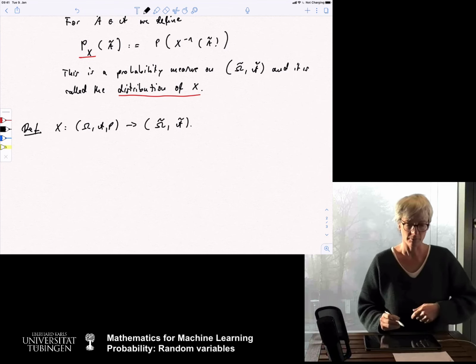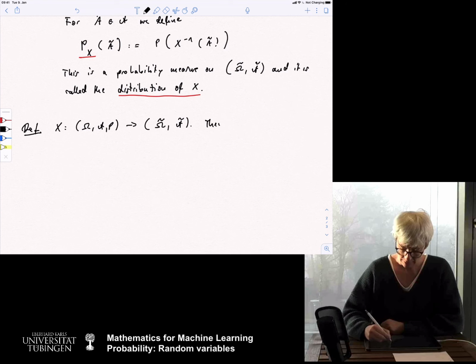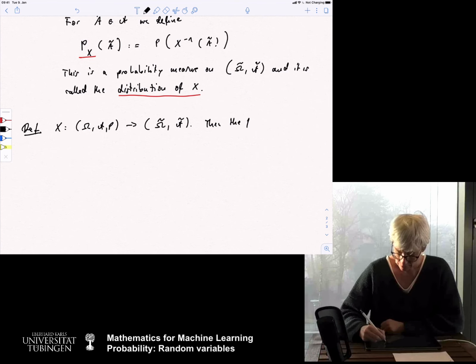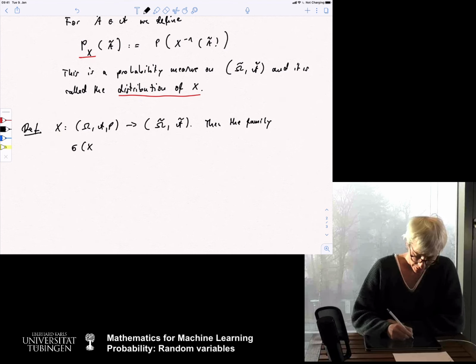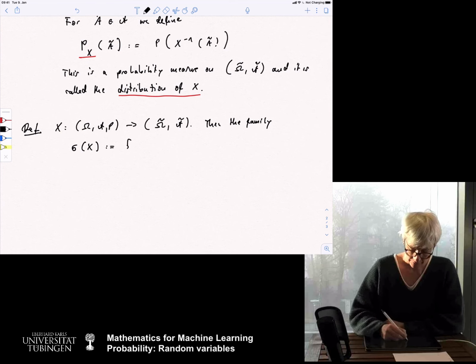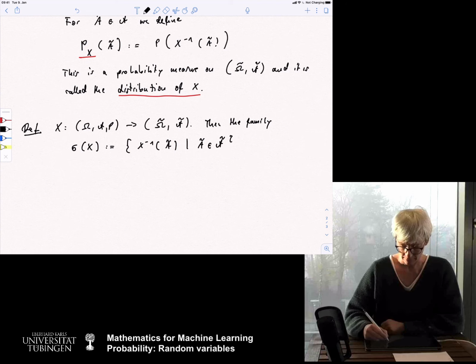So we have a random variable, and then we define a new sigma algebra. The family, called sigma of X, the sigma algebra induced by the random variable X, simply consists of all the pre-images of the sets A tilde, where A tilde are the sets in capital A tilde.